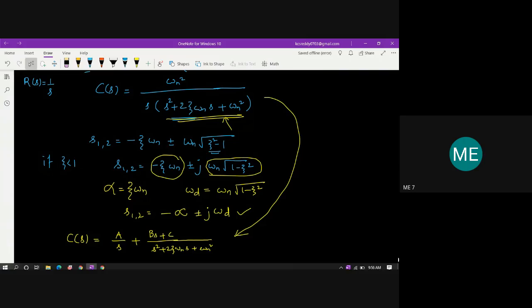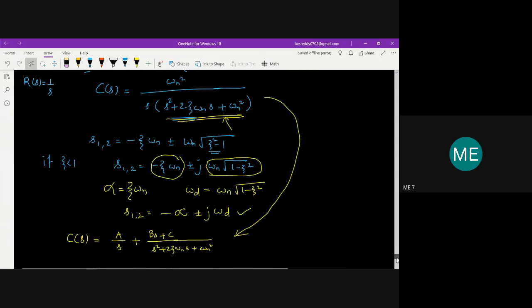So by using this partial fraction method, I have to get the A, B and C values.